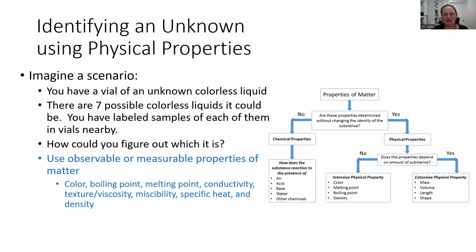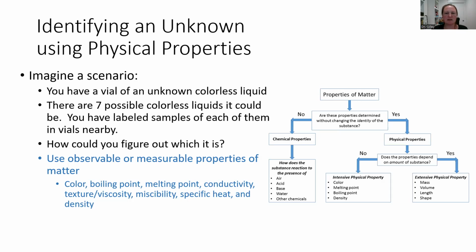Are the liquids conductive of electricity? When we're talking about solids, we might talk about their texture, but for a liquid, we might talk about its viscosity, which basically means, if you were to swirl it around, how thick is it, versus the thinness or the movability of the liquid. You could also talk about miscibility, and we're going to talk about what that means, but basically, can you mix it with another liquid, right?